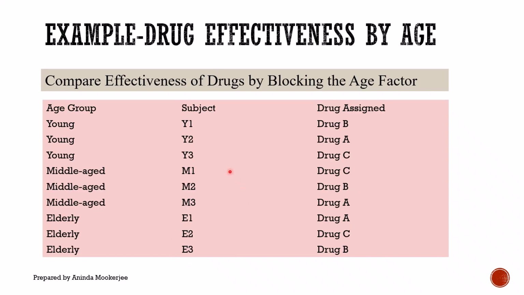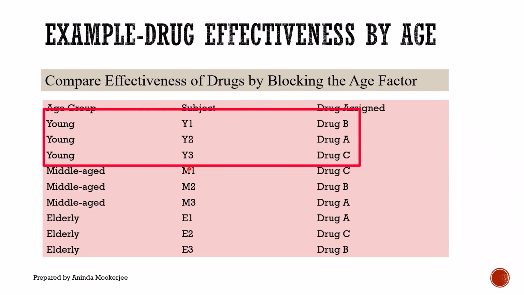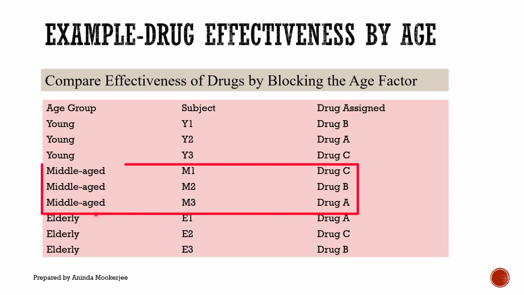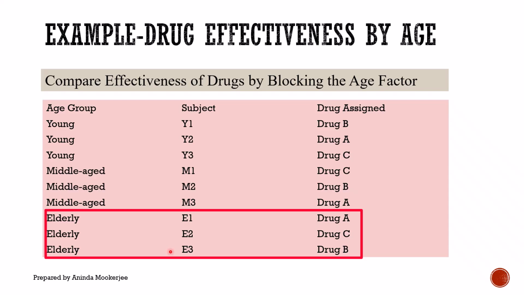So let's now look at the number of experimental units that resulted from creating three blocks of three treatments in each. So for the age group young, we had three: Y1, Y2, Y3. That's how we are naming them. And then for the middle aged, we have three subjects as well, three units. And then for elderly also, we have three units.